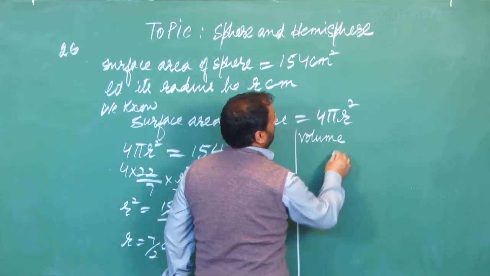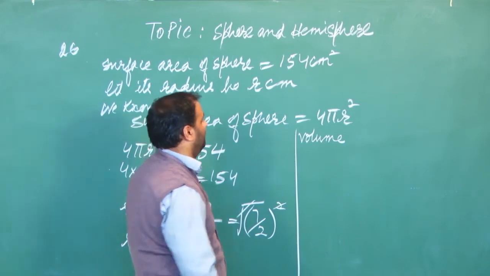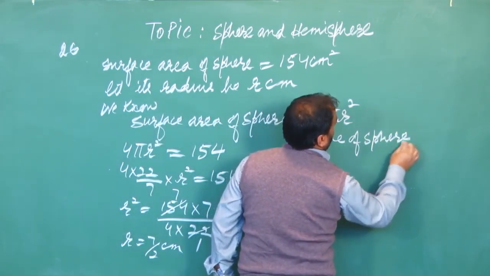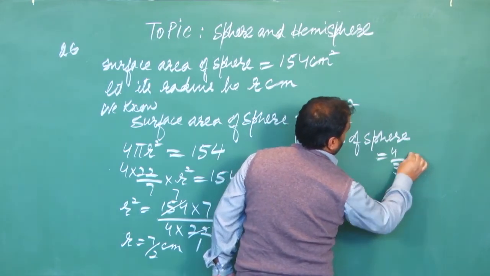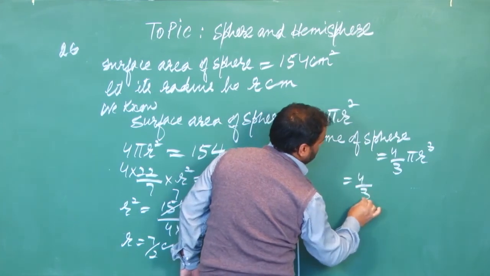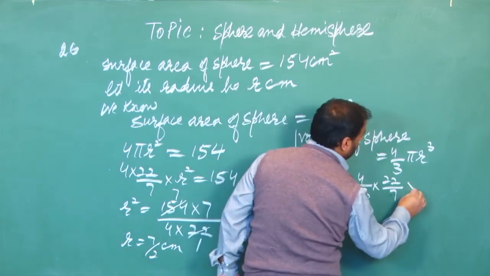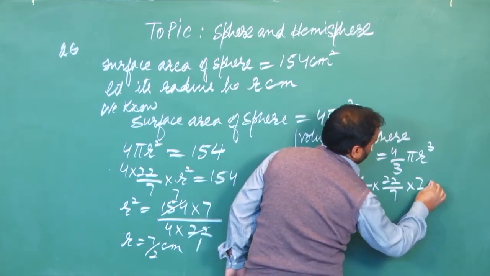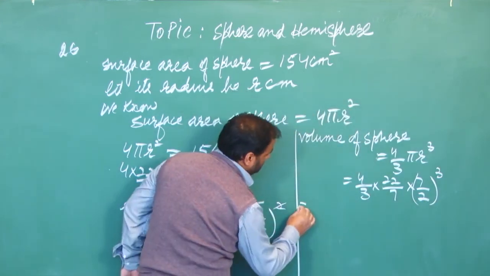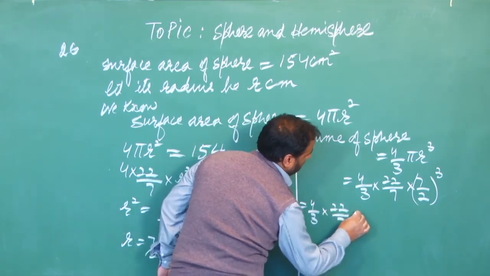You know the volume of a sphere is 4 by 3 pi r cube. 4 by 3 as it is, pi is 22 by 7 and r is 7 by 2 to be written 3 times by itself. So, while we calculate this, we will get the actual volume of that sphere.